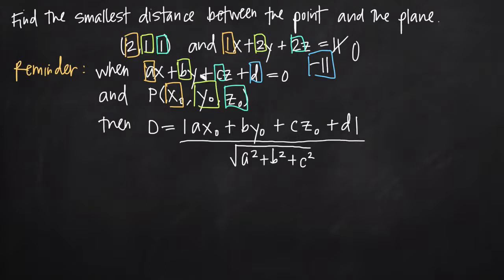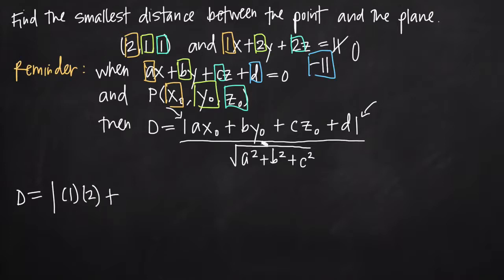So now that we've identified a, b, c, d, and x sub 0, y sub 0, and z sub 0, we can plug them into our distance formula. So for d, we're going to get d equals the absolute value. Notice we have these absolute value bars here. So we have the absolute value of a times x sub 0. Well, we know that a is 1, and we know that x sub 0 is 2, so we plug those in.